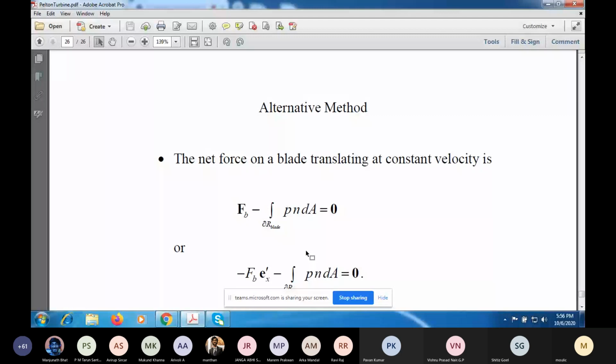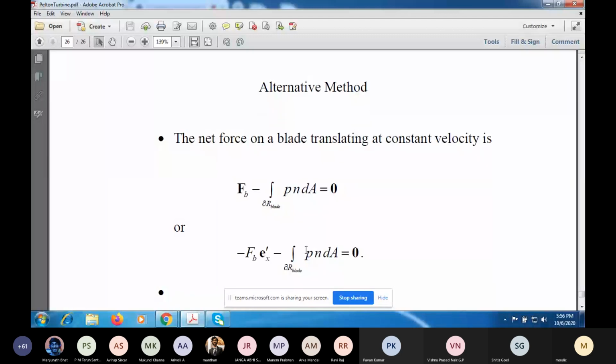Now, in the next class, I'll also talk about an alternative method for finding the net force on the bucket. Since the blade is translating at constant velocity, its acceleration is 0. So the sum of the forces is 0. So the external force and the total force exerted by the pressure acting on the blade will be equal to 0.